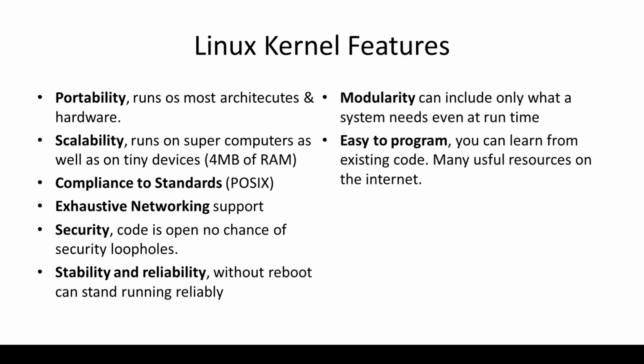Another feature is modularity: you can include only what the system needs, even at runtime. This means that if any kernel module needs to be updated while the server is on, we can unload that kernel service from the kernel, update it, and reload it back without even rebooting. Easy to program: you can learn from existing code, and many useful resources are available on the internet.